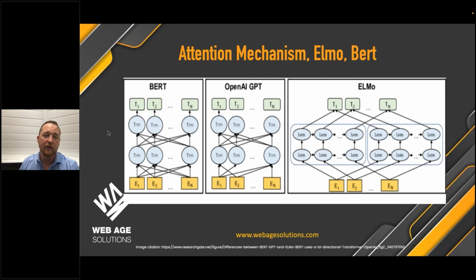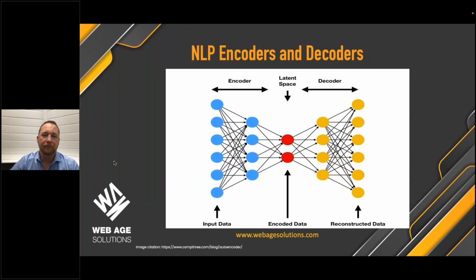There are differences, especially on the decoder part. It's kind of hard to notice, but even on this diagram, the connections at the bottom are different between BERT and GPT. This will be GPT-1. That's one of the big differences, that GPT had a better decoder structure that could do natural language generation.